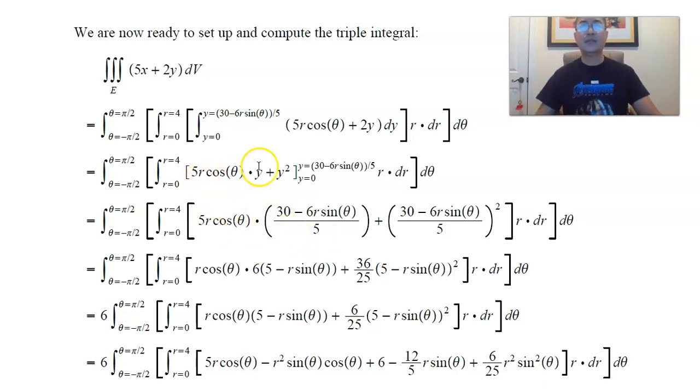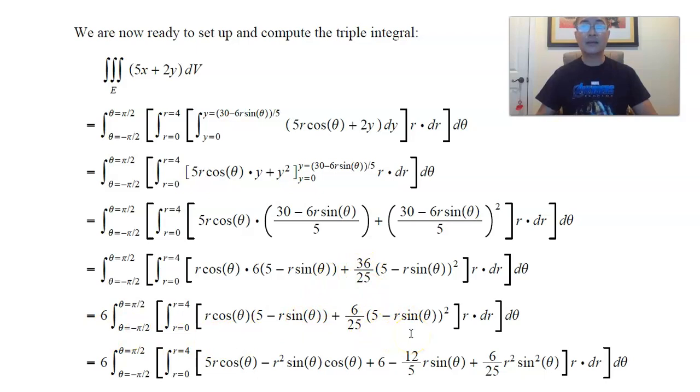So I kind of chose the coefficients so that the arithmetic is not so horrific. Okay, it's bad enough as it is. So we have a 6 here and a 36 here, so we can take out a 6. That makes the numbers also a little bit smaller. So we have 6 over 25 instead.